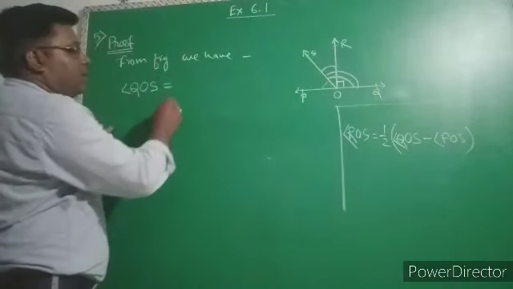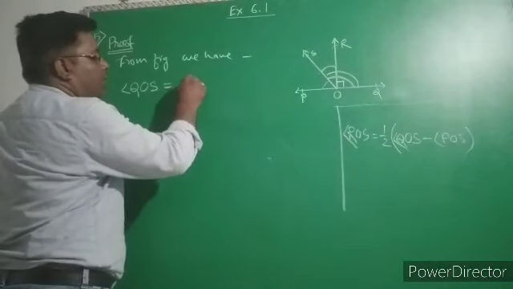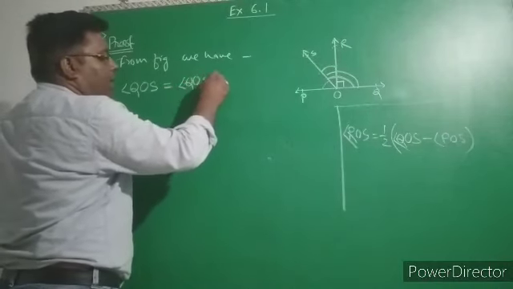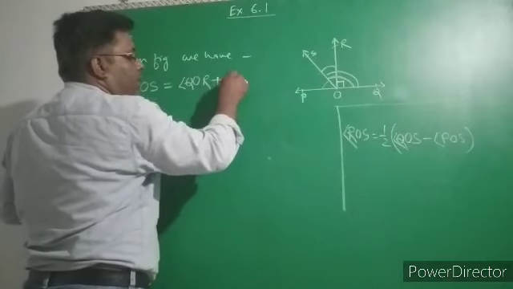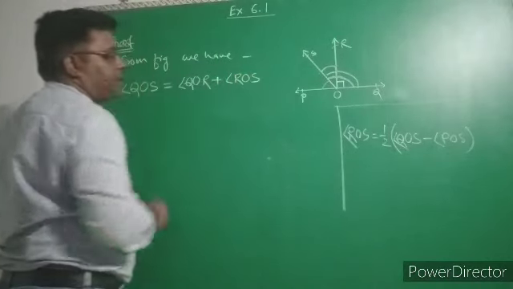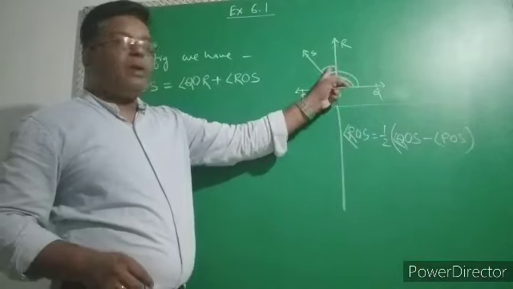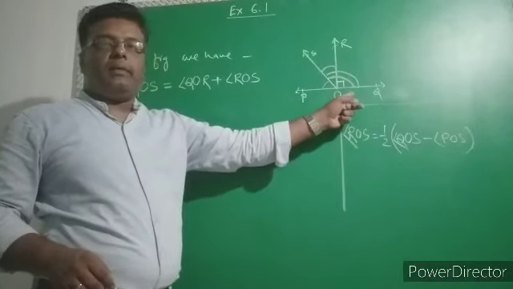That is, QOS can be written as angle QOR plus angle ROS. That is, if we add these two angles, we get a complete angle.